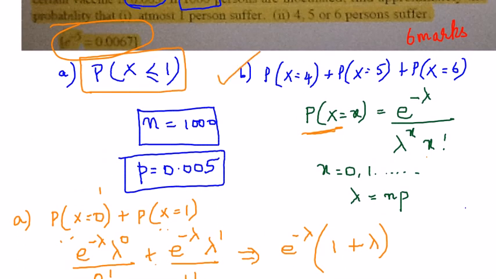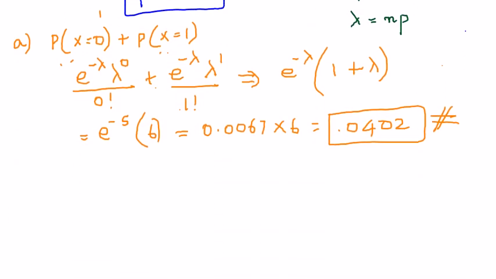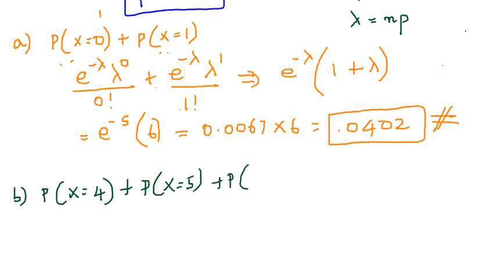Now let's do the second part. Can you do the sum along with me? I want you to substitute for probability of x equal to 4, 5 and 6. Probability of x equal to 4 plus probability of x equal to 5 plus probability of x equal to 6.